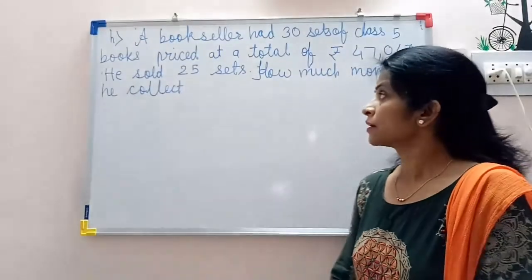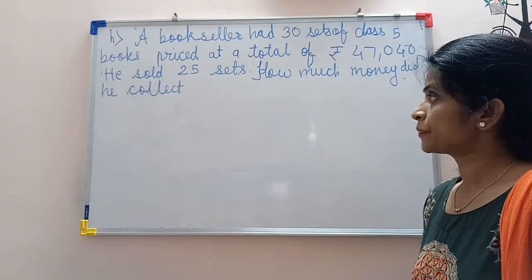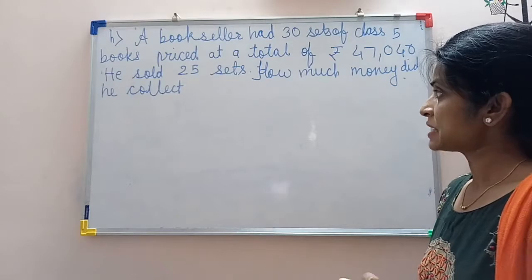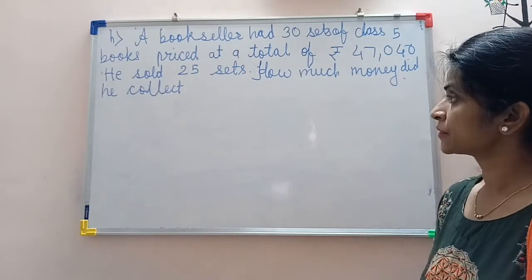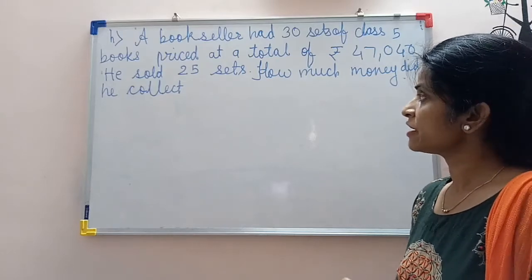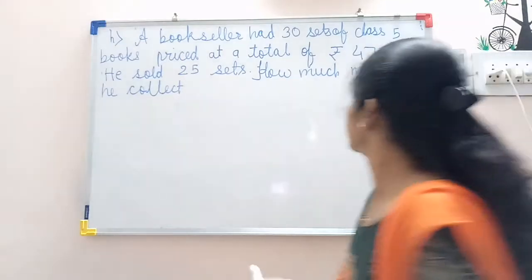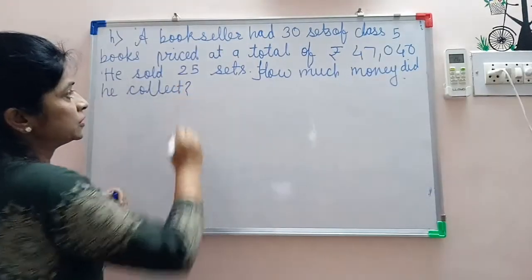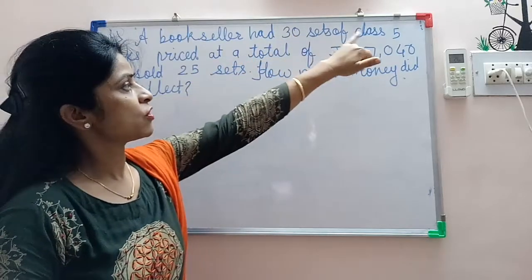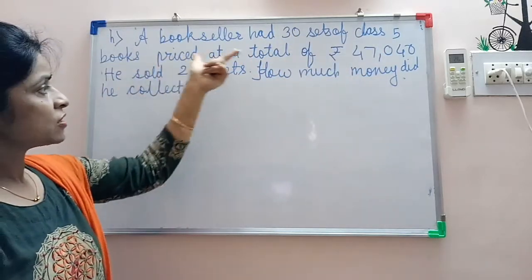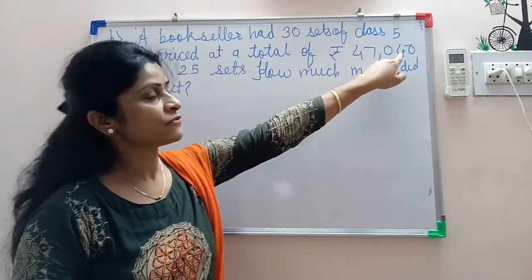Next solution. A bookseller had 30 sets of class 5 books priced at a total of rupees 47,040. He sold 25 sets. How much did he collect? So, a bookseller had 30 sets of class 5 and the price of that is rupees 47,040.